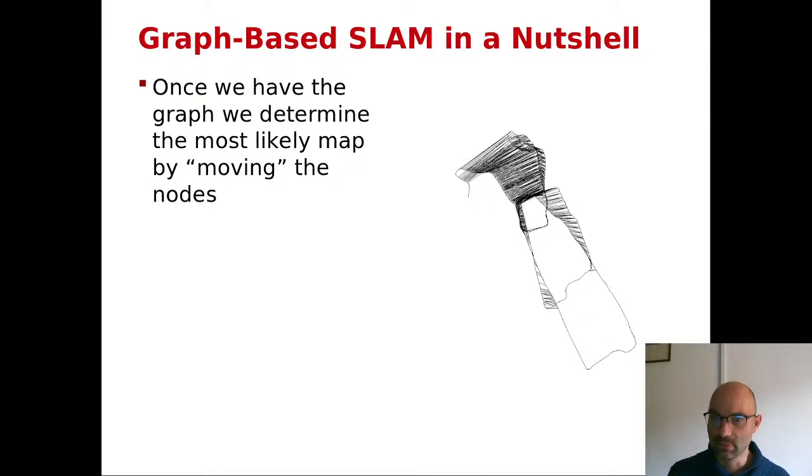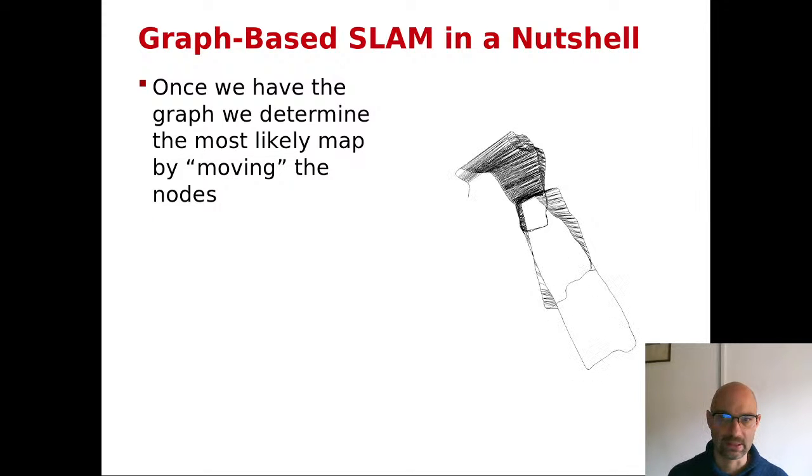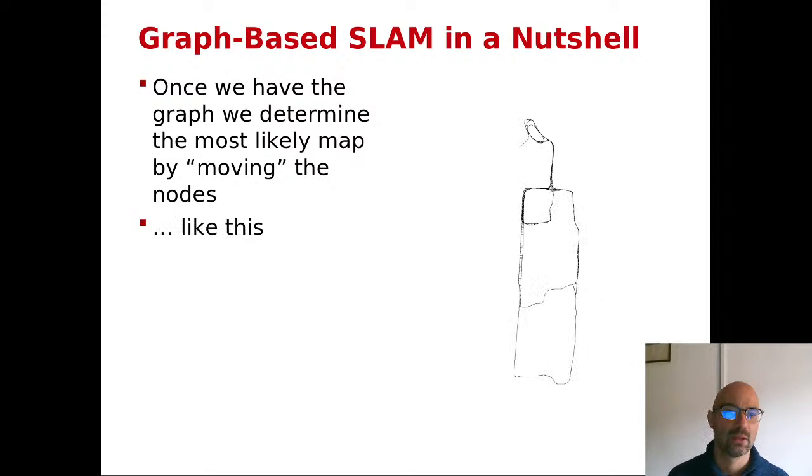And then what we could do simply is to run a least squares optimization that moves the nodes of the graph so that they are maximally consistent with the constraints induced by the observations. And we would get something like that. You see, this was all stretched. Now, if you let the springs relax, we reach this configuration.